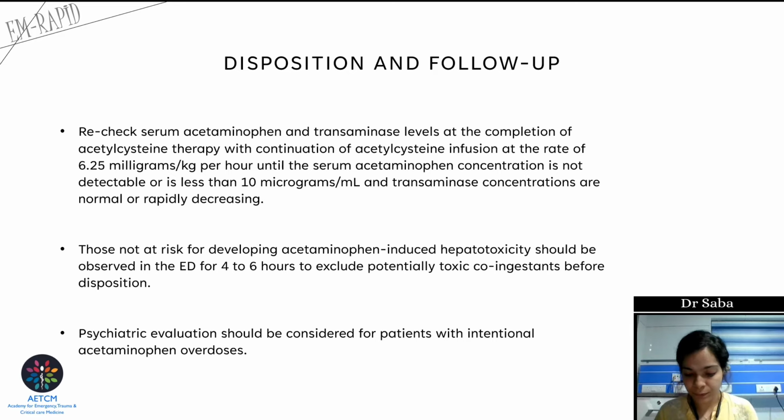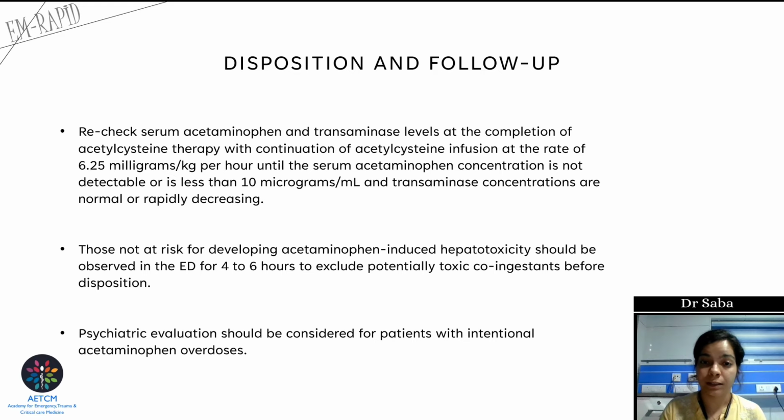For this, once we have finished the protocol of N-acetylcysteine therapy, that is either a 72-hour oral protocol or 20-hour IV protocol, then we will recheck the serum acetaminophen and transaminase levels in the body, and we will continue the infusion of N-acetylcysteine at the rate of 6.25 milligram per kg per hour, and we will look at the concentration of serum acetaminophen.